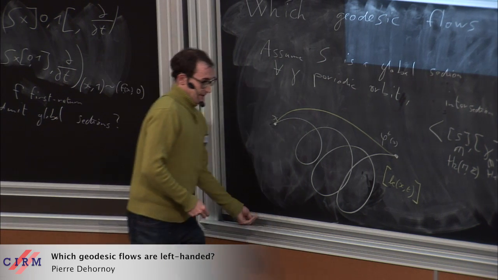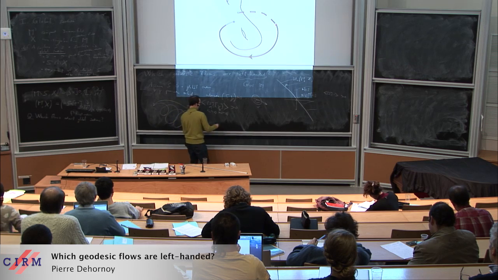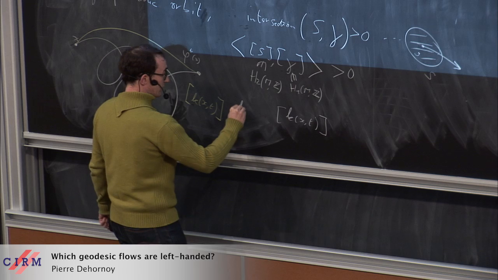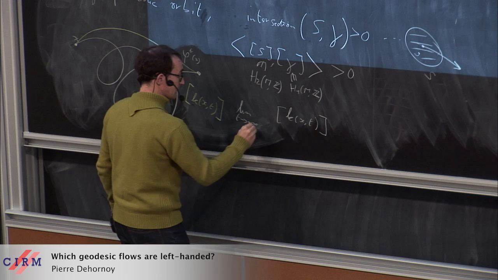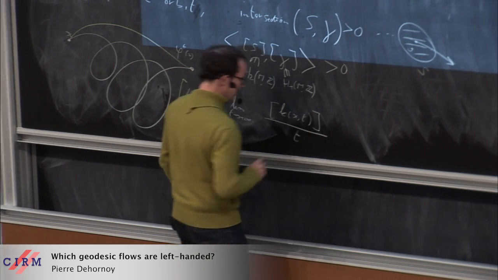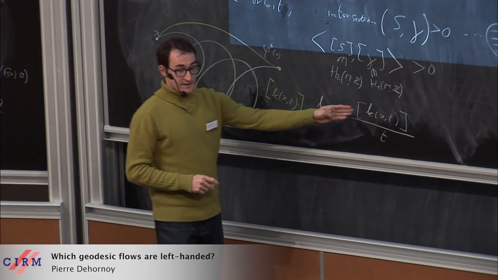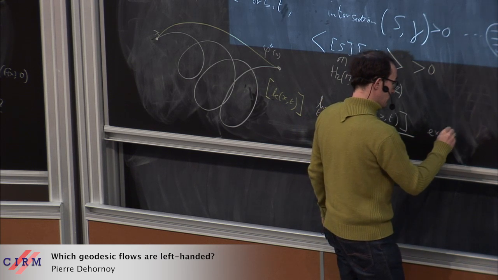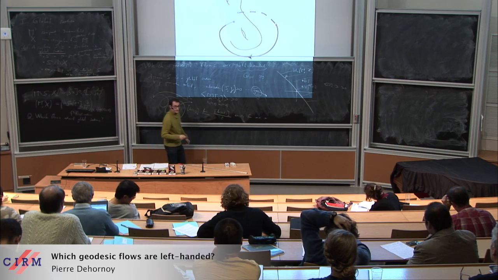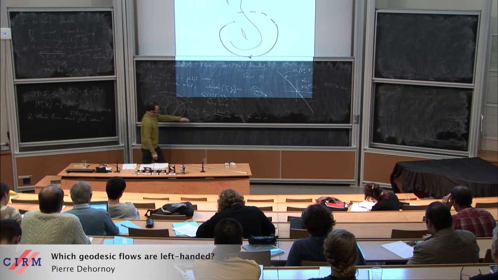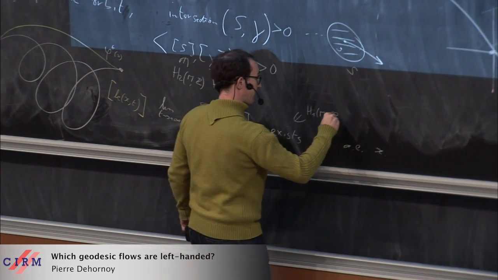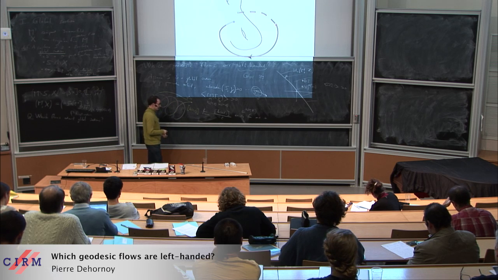The idea is that if we iterate that for long enough, we can look at the class K of x, t, and see what happens when t tends to infinity. If we want to define that, we have to renormalize. The statement is that this limit exists for almost every point x. It is a limit which exists in H1, and this is called a Schwartzman asymptotic cycle.